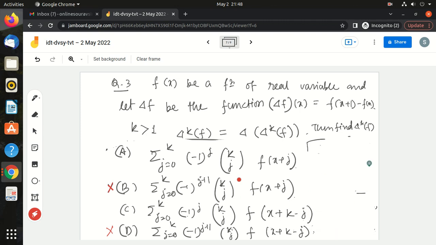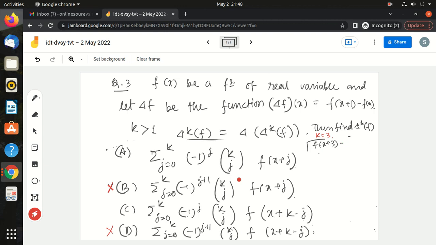Okay. So option A says that if you put j equal to k equal to 3, so in this whole calculation, k will be 3. Now let us go back to our calculation. Put j equal to 0, you get k choose 0, which is 1, and f of x plus 3 minus.